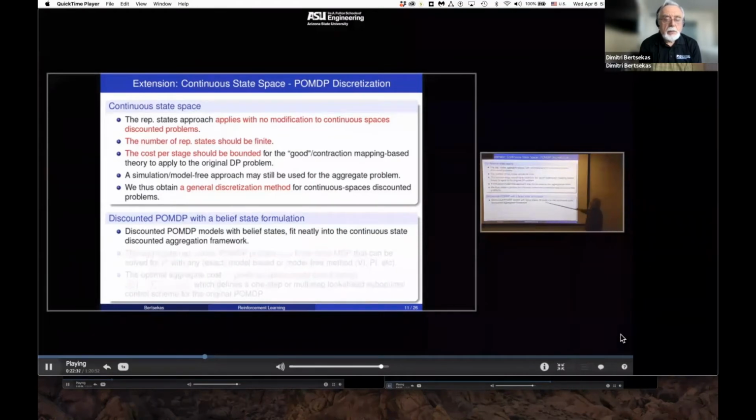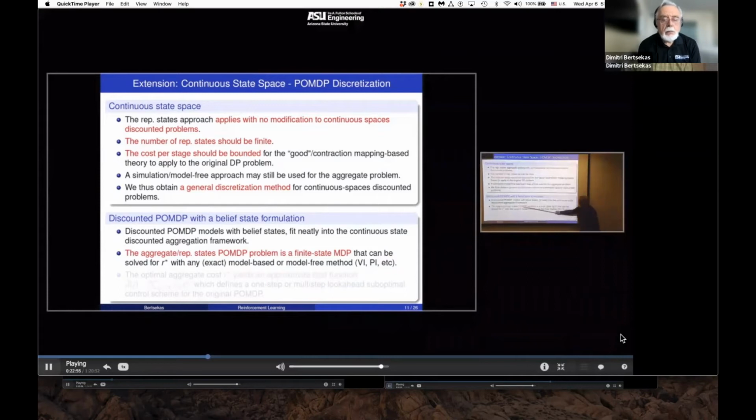However, this type of problem fits neatly into this formulation here. All we have to do is introduce representative states within the simplex of belief states, and then solve the corresponding MDP.